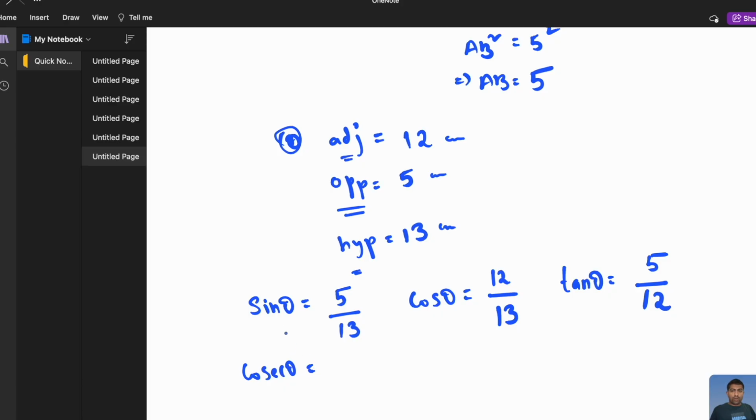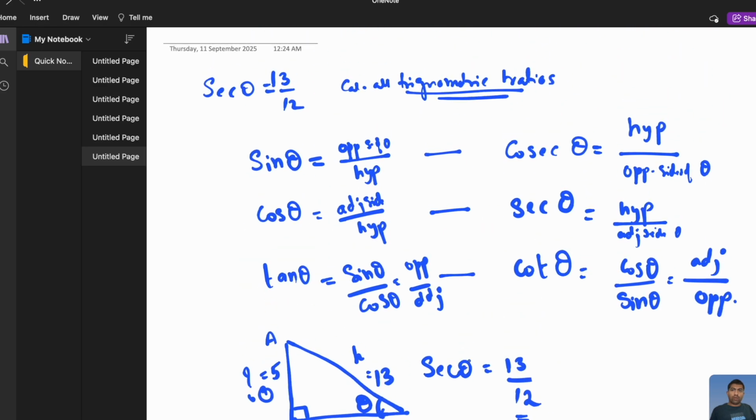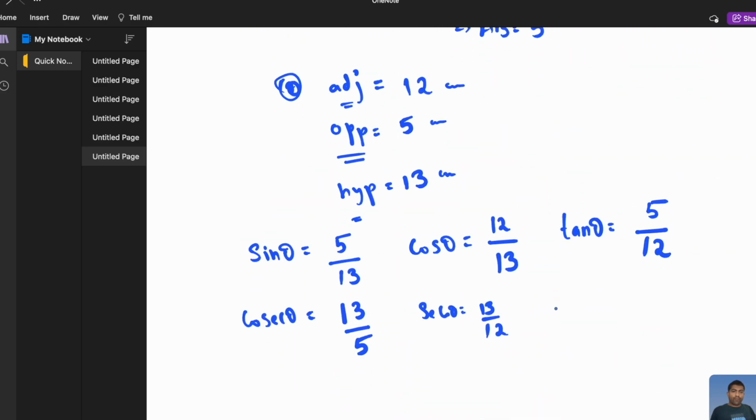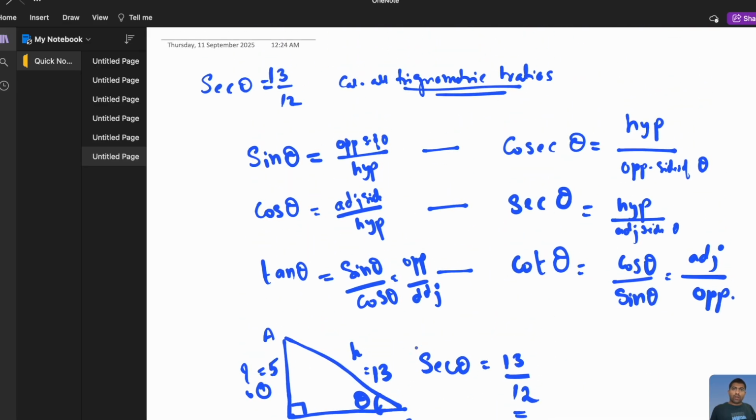Cosecant theta is the reciprocal of sin theta, so 13 by 5. Secant theta we already know, that is 13 by 12, given to us. Cot theta is the opposite of tan theta, so 12 by 5. That's it. These are all the trigonometric ratios that we found using secant theta equal to 13 by 12, given in the question.